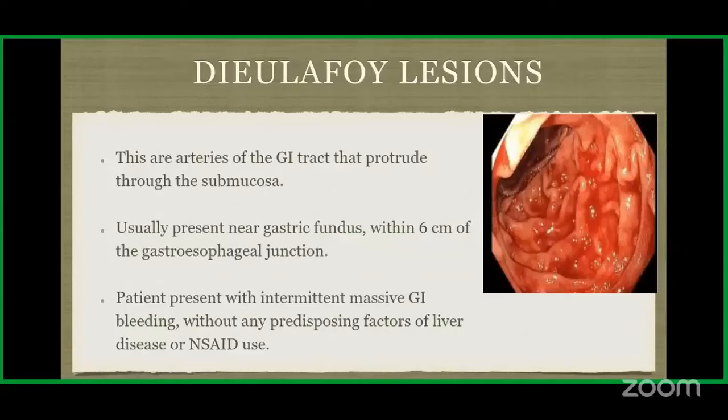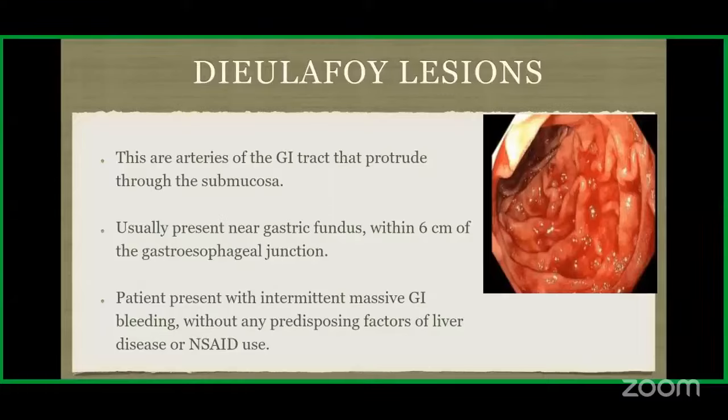The next cause is Dieulafoy lesions. These are basically tortuous, abnormal, large arteries lying in the submucosa. Even a minor erosion in the mucosa causes bleeding.